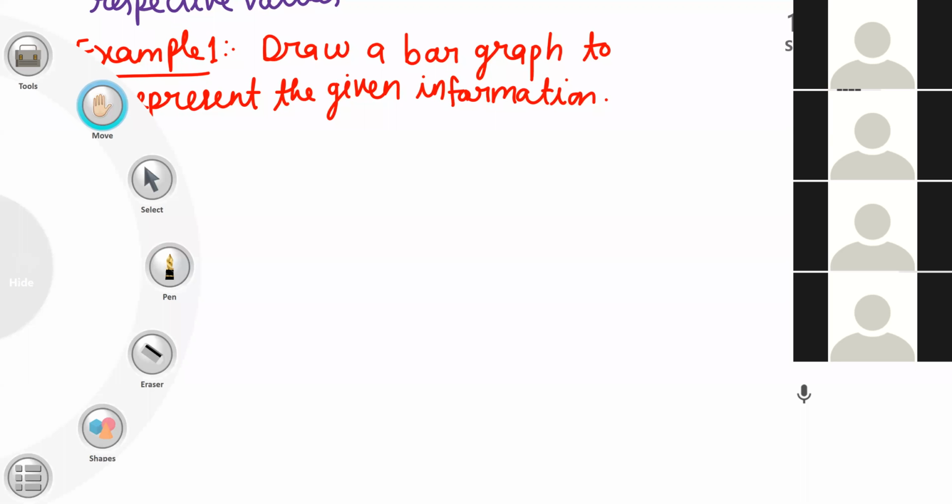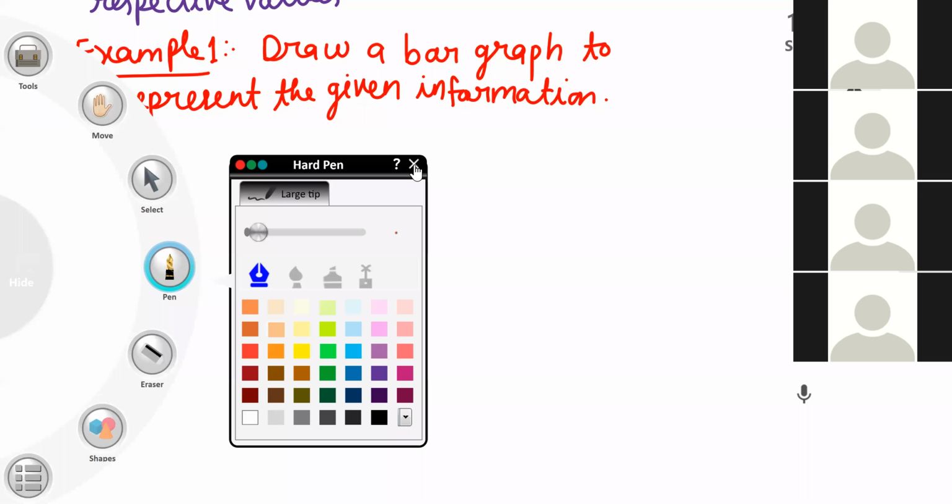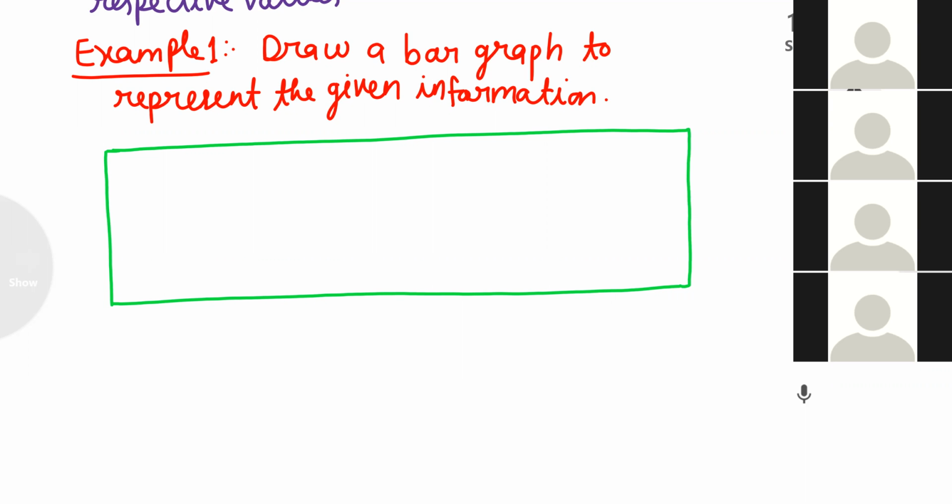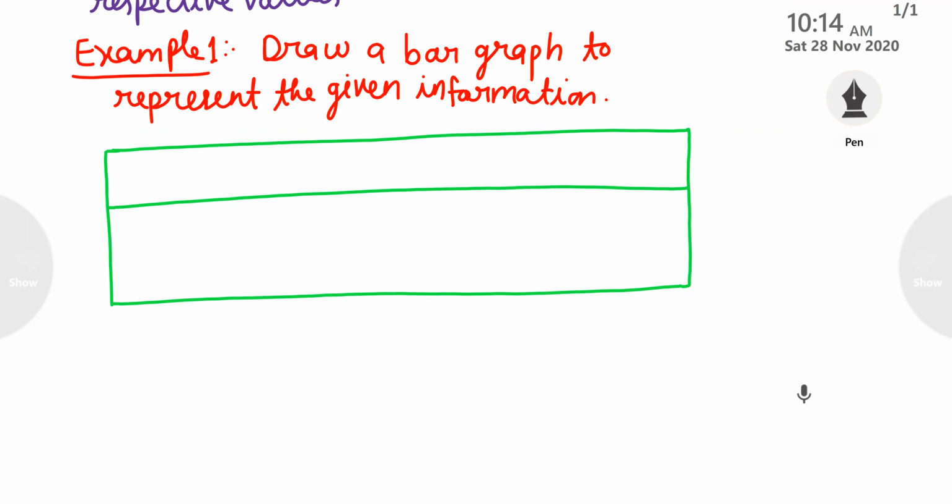Draw this table, everyone. Months, number of watches sold.